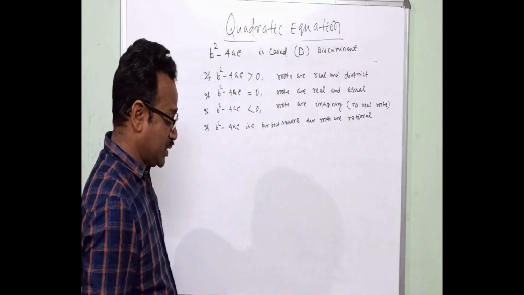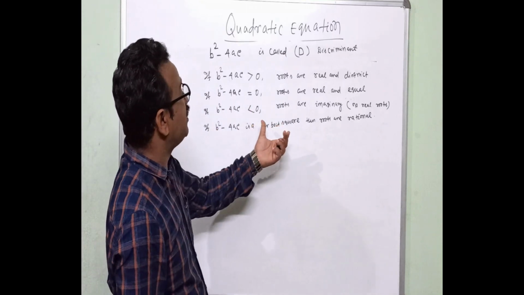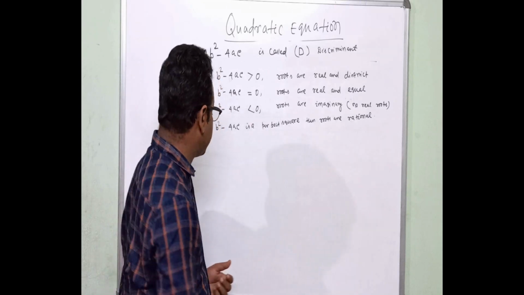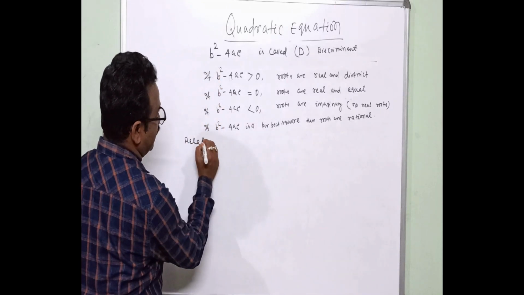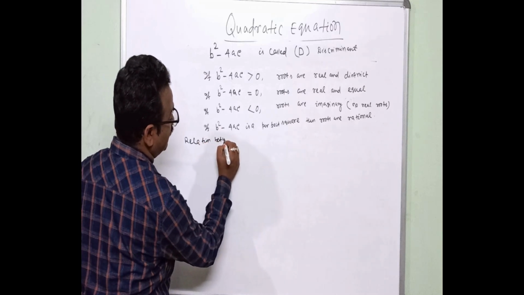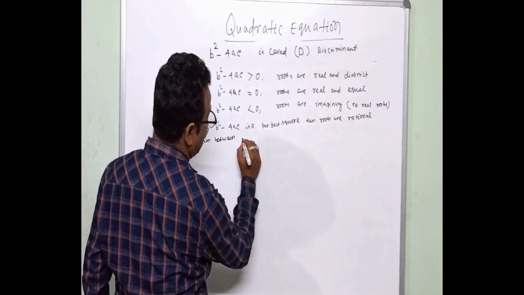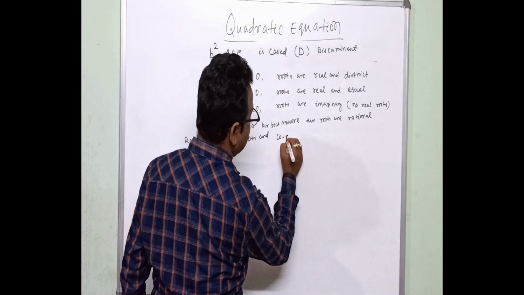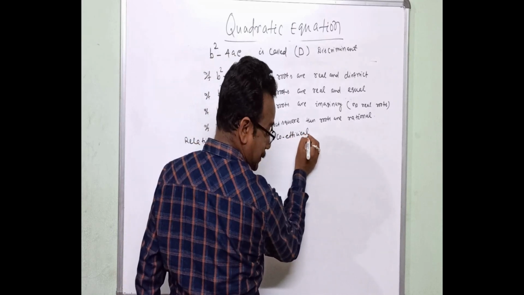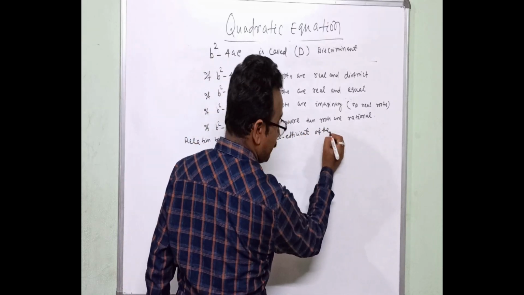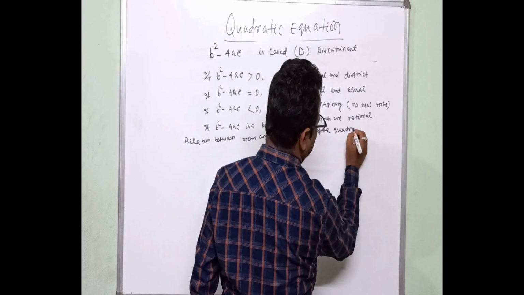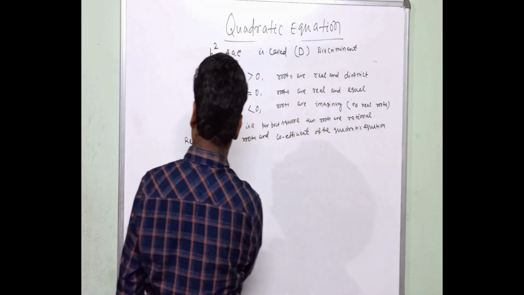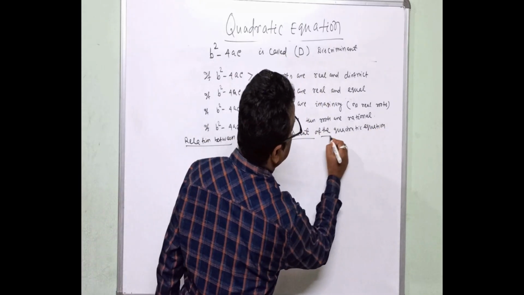So now, after the nature of the roots, here we have to add one thing, a relation. What is the relation between the roots and coefficient of the quadratic equation?